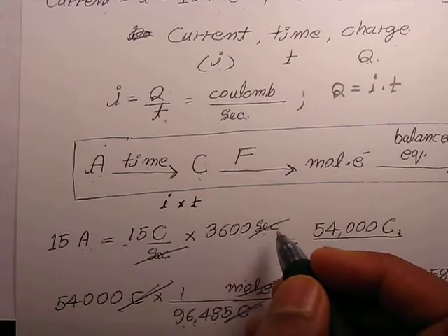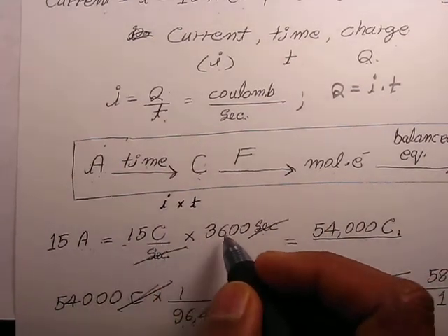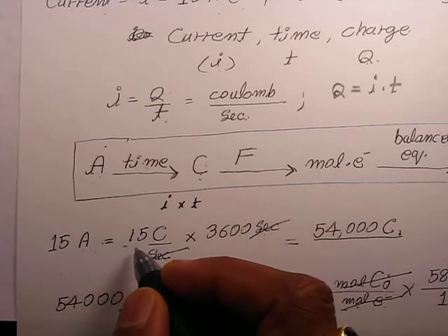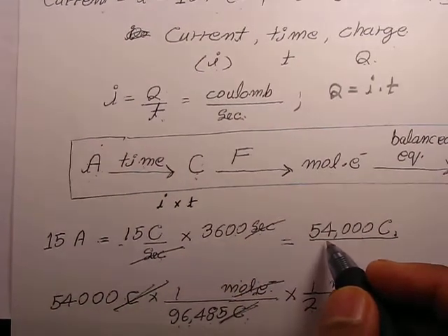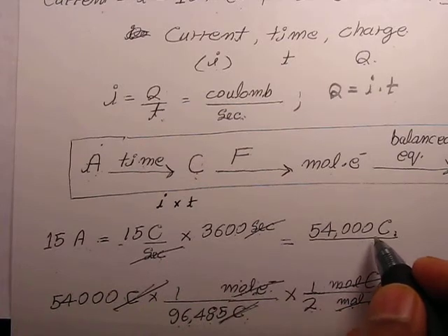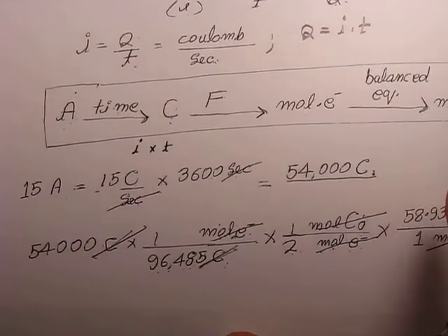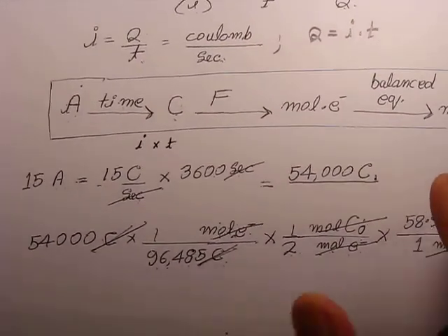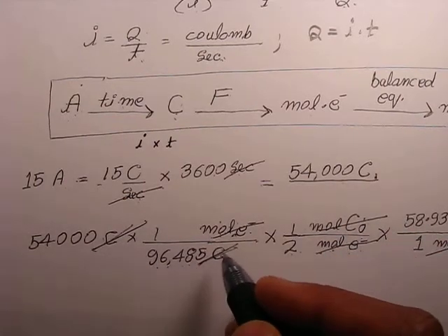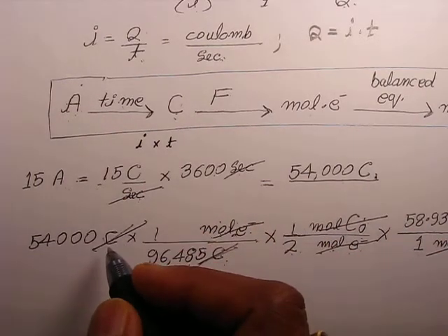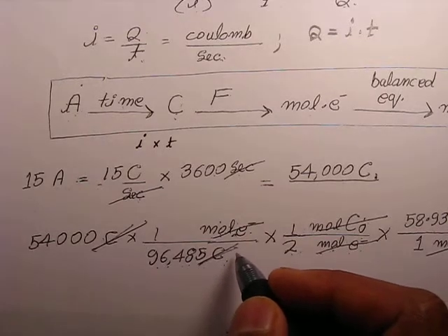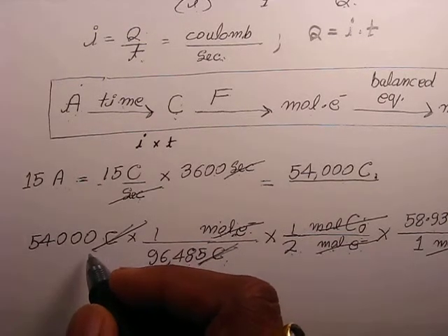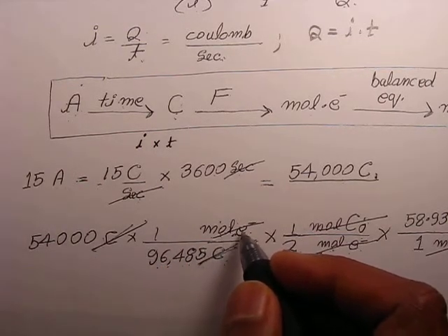Seconds will cancel out, and once we multiply 3600 with 15, we will get 54,000 coulomb of charge we passed. Once we divide this 54,000 coulomb by the Faraday constant, we can cancel out the coulomb charges, and we will get the answer in moles of electron I passed.